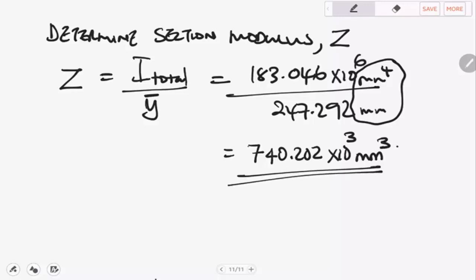Right. Why millimeters to the power 3? Because millimeters to the power 4 divided by millimeters cancels out, and you get millimeters to the power 3.